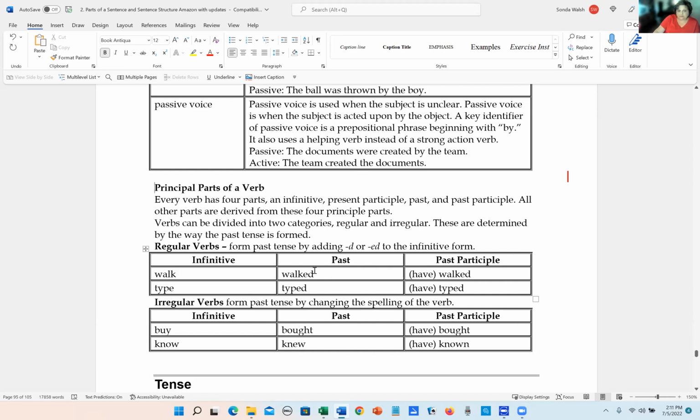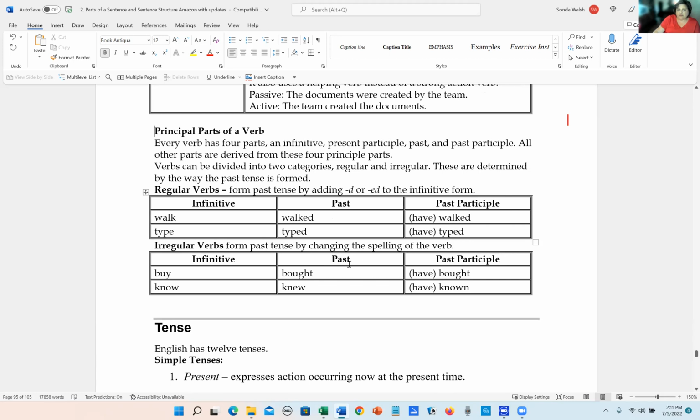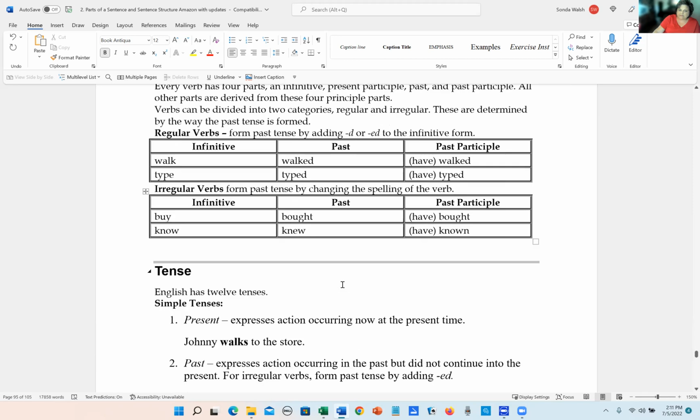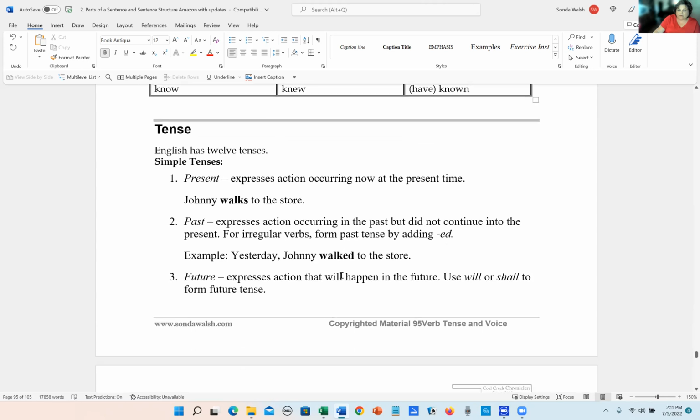So that's the difference between the irregular and regular. Some grammar books have pages and pages of regular and irregular verbs. You can look them up in the dictionary, or you can find a supplement. I just didn't see the point in putting all those in there for this particular purpose.